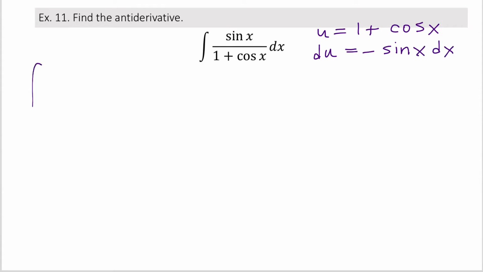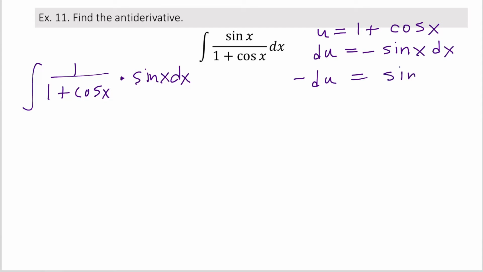And if we look at the way this is set up, we could say we have 1 over 1 plus the cosine of x times the sine of x dx. So that means I need a negative du to be positive sine of x dx. So then this here would be negative du.